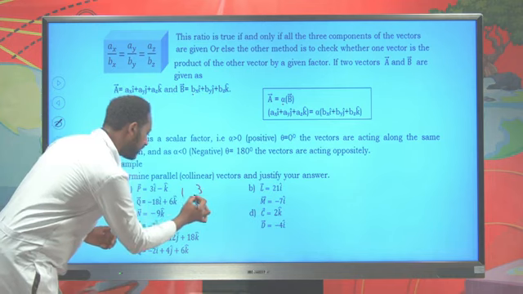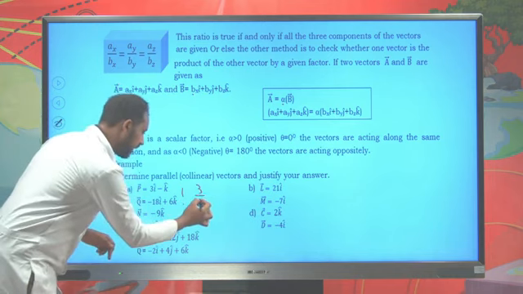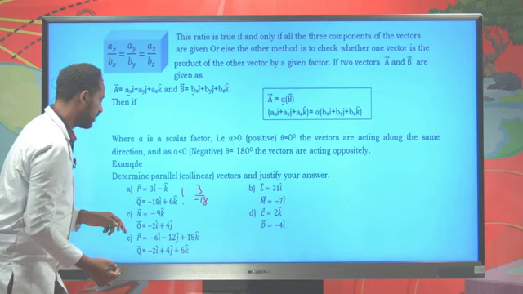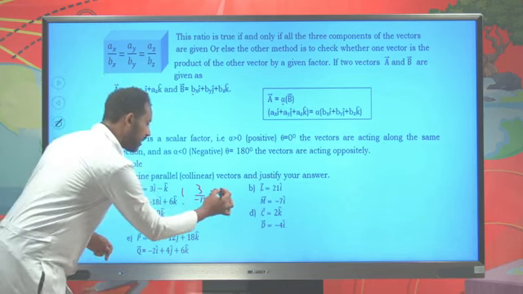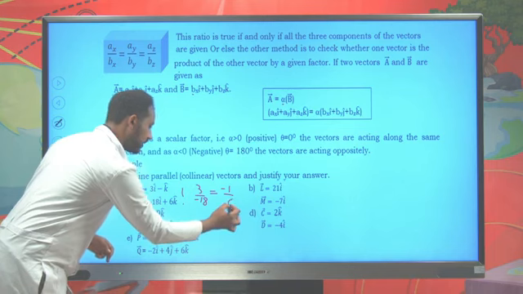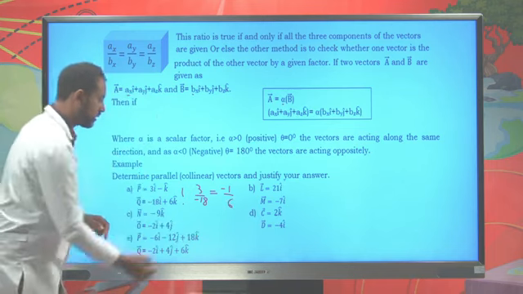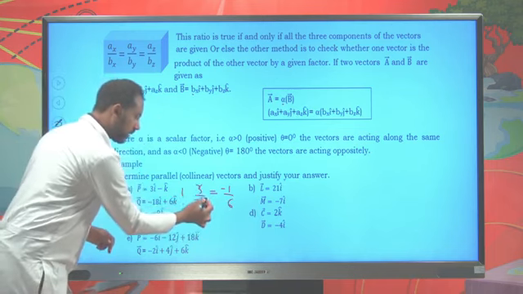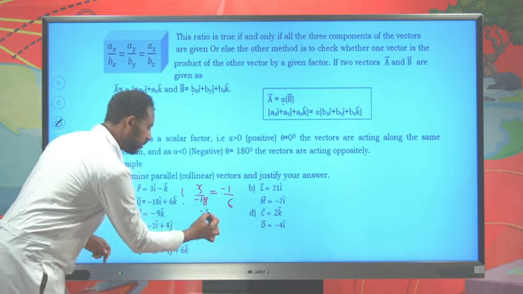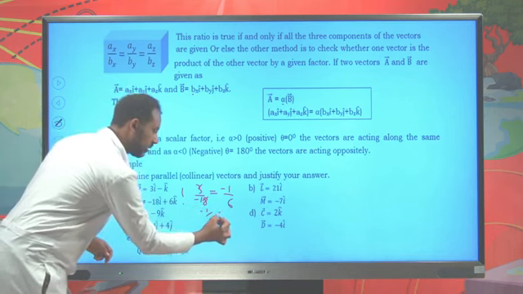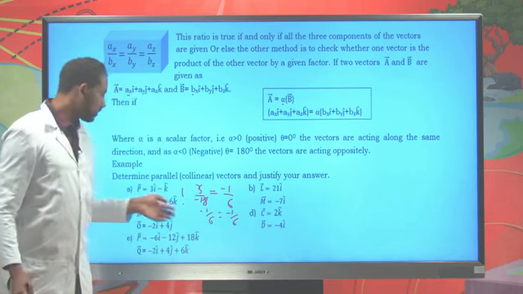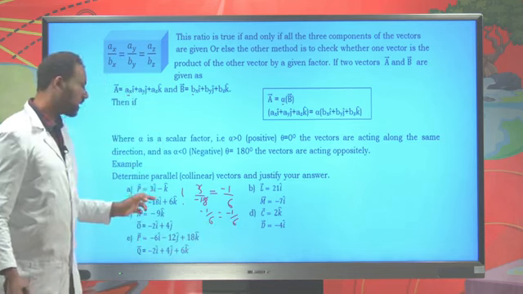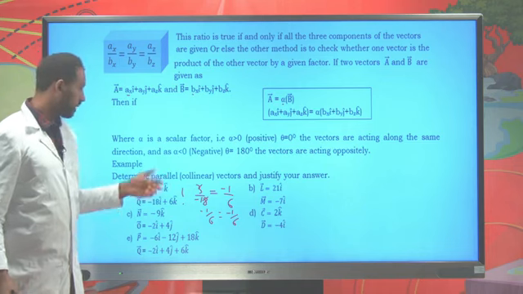Therefore, 3 divided by minus 18, and you check whether these ratios are equal or not: minus 1 over 6, and minus 1 over 6. When you simplify this, it gives you minus 1 over 6 equals minus 1 over 6. They are equal. If this is equal, it's possible to say that these two vectors are parallel vectors.